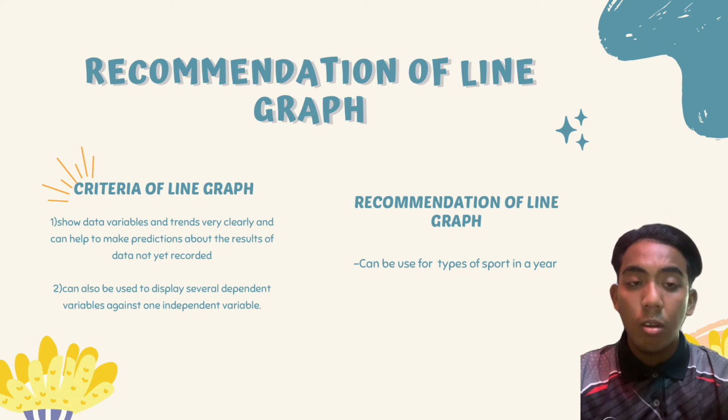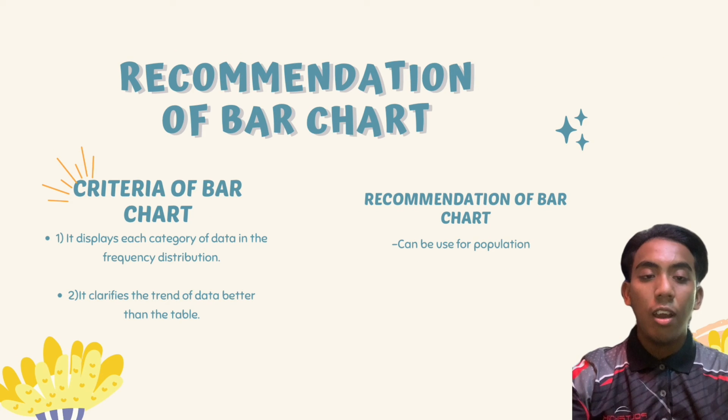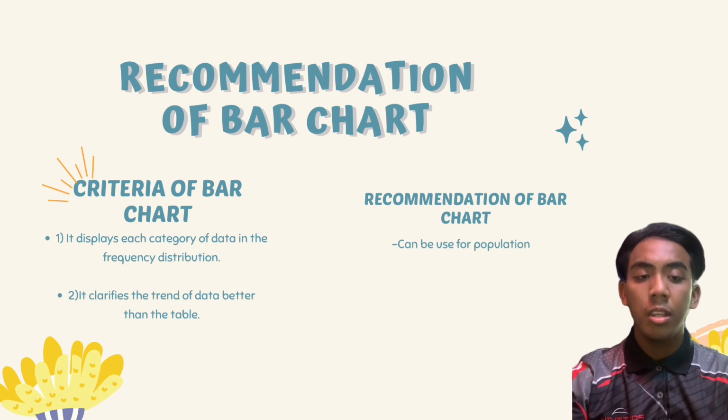Second, it can also display several dependent variables against one independent variable. I recommend this chart for types of sport in a year. Last one is bar chart. For this bar chart, the criteria are it displays each category of data in the frequency distribution.